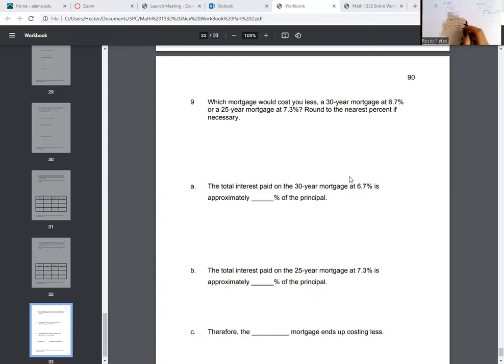Make sure you enter the information in the formula correctly. The first one is 30 years, and then the second one is 25 years. You can use the same amount, so I'm going to use 100,000 for both.